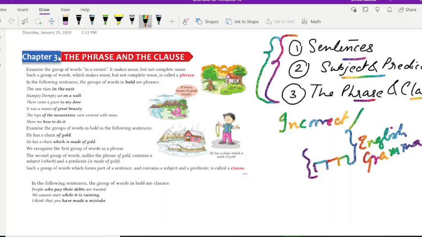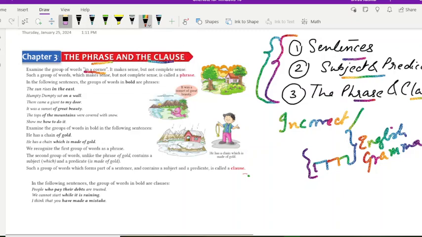Chapter number 3, the phrase and clause. Examine the group of words: in a corner. Does this make sense? Tell me, does this make sense? No, right?